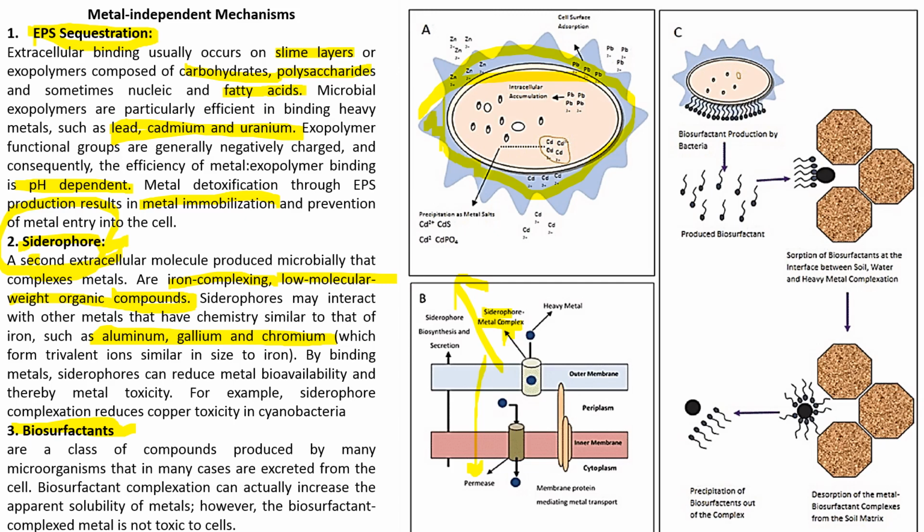So as you can see, a bacterial cell, in response to the heavy metal toxicity, produces biosurfactant, and whatever inorganic metal it is, it is taken up by this biosurfactant, produced in a micelle-like structure and taken away out of the area of the microbial cell.